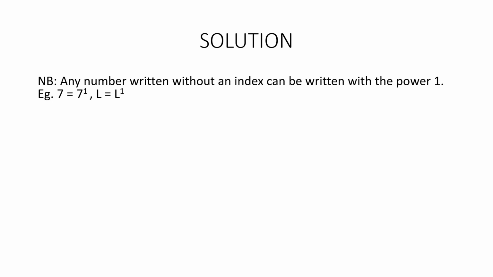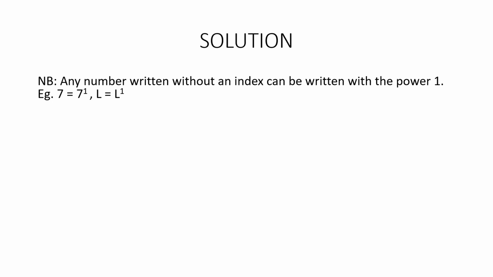For example, 7 can be written as 7 to the power 1, or 7 index 1. If it's an alphabet, for example, L can be written as L to the power 1.